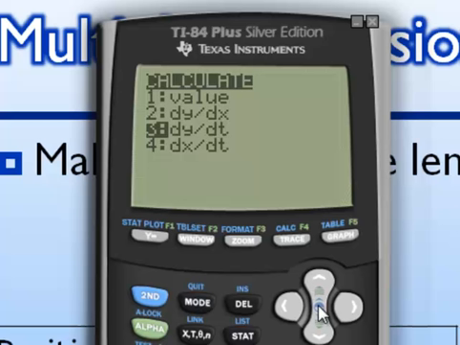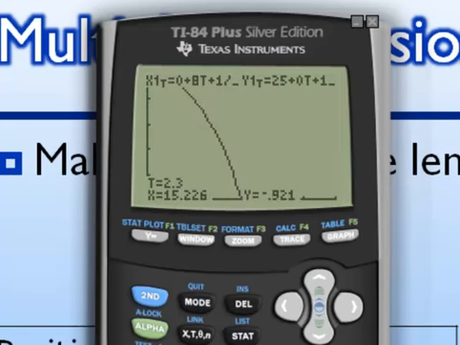Change in position over change in time, that's velocity. So dy dt would give us the vertical velocity, and dx dt would give us the horizontal velocity. Let's do dy dt first. When you hit enter, then you need to type in the specific time, which you want to know how fast you were going at. We said 2.26 was about when you hit the water.